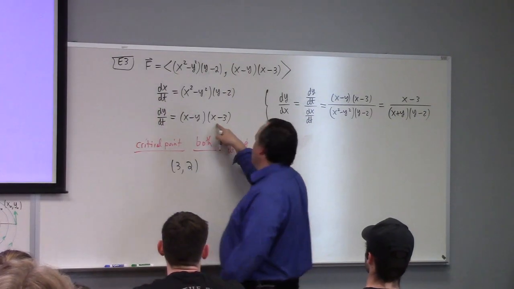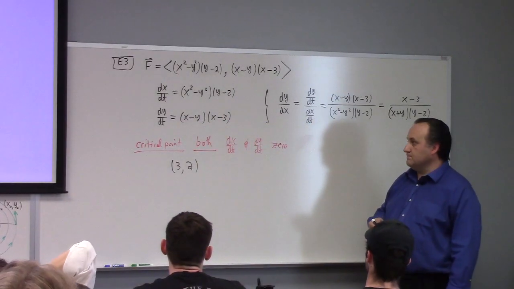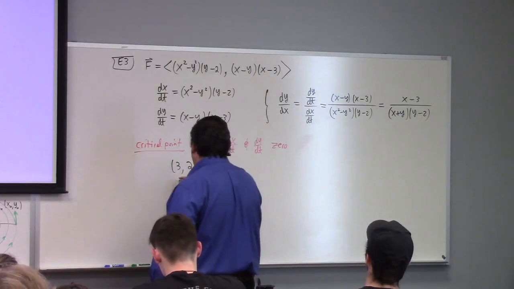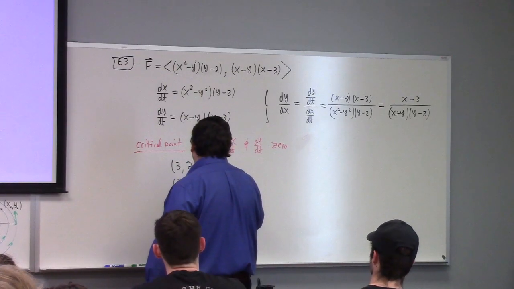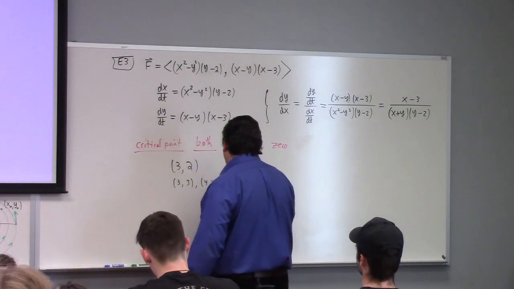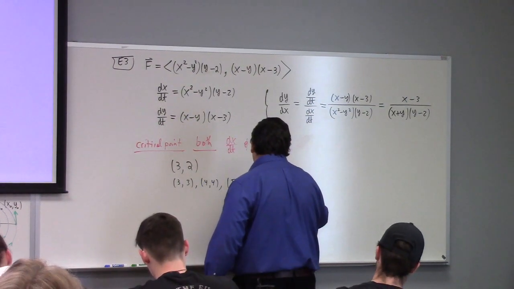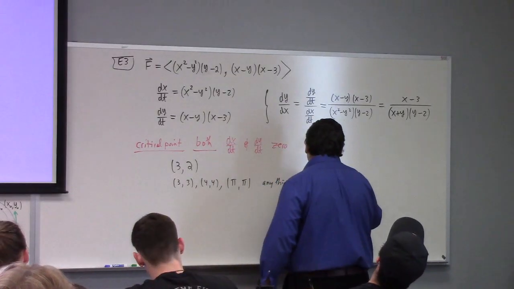Yeah, if we have x equals 3 and y equals 2, that works. Would 3 also work? 3 would also work. What else would also work? Any similar pair. 4, 5, pi, whatever. Anything of the form x comma x is a critical point.